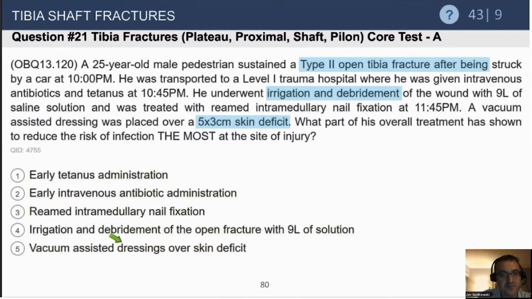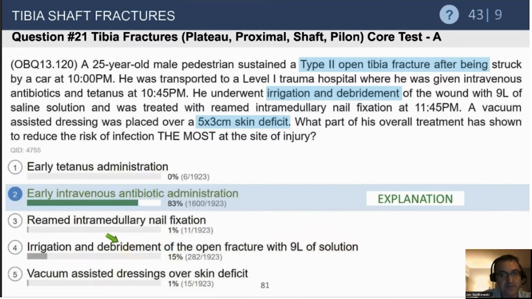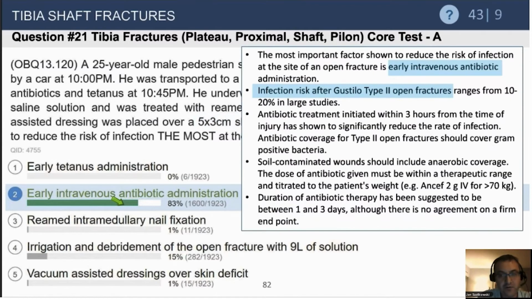But the answer for this question is going to be early intravenous antibiotic administration. This is going to be key, right? Next, probably irrigation and debridement of the open fracture. But once again, antibiotics have always been shown to be the most important predictor of infection for these open fractures. Early intravenous antibiotics.